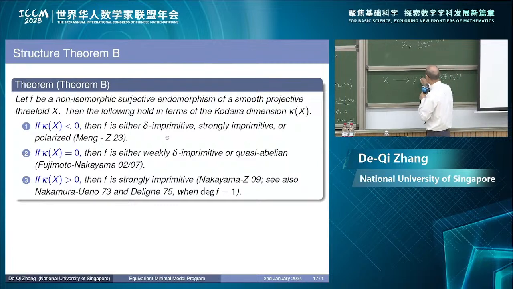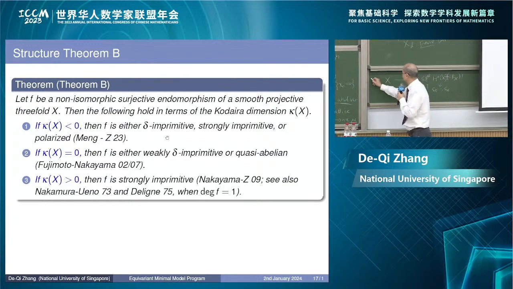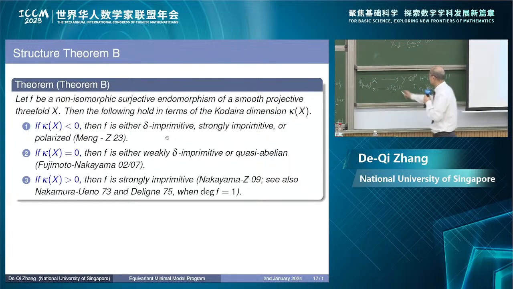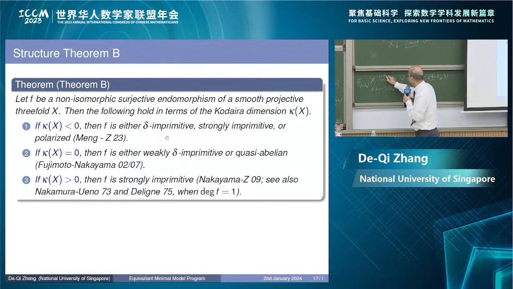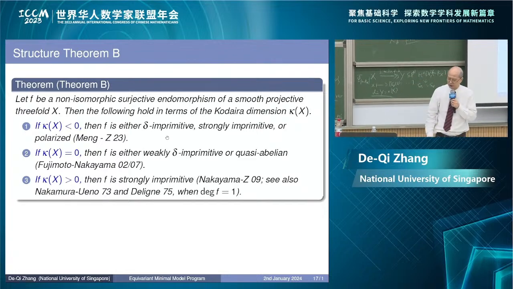Then you take x to the evaluation of these sections. That's called phi of mK_X. I'm using the notation of Iitaka. And that's the Iitaka fibration. And this is the image Y. So dimension of Y is equal to kappa of X, the Kodaira dimension. So that's another definition of Kodaira dimension.